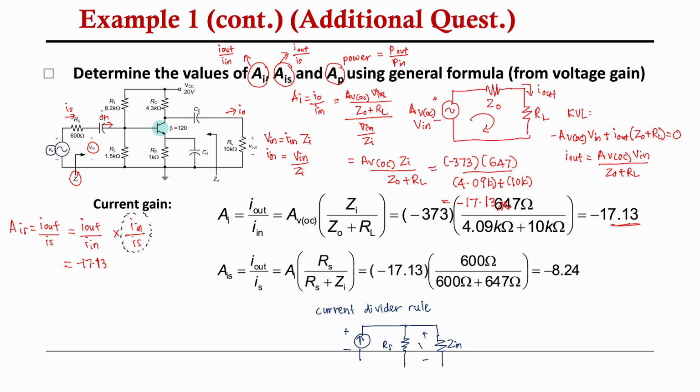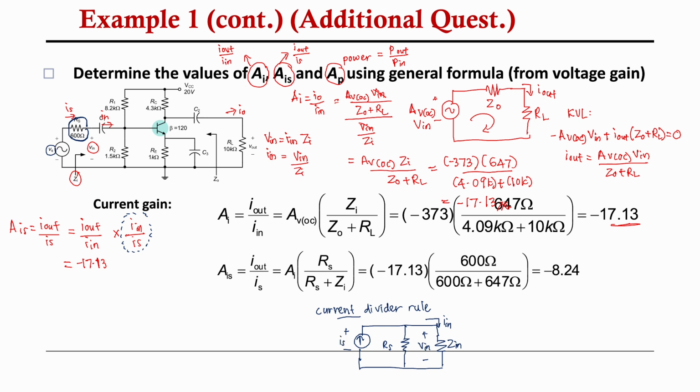For current divider rule, it is opposite to the voltage divider rule. So you can see your Rs is in series in voltage, but in current, it will become parallel. Where is your I in? Here is your I in, and this is going to be your IS.